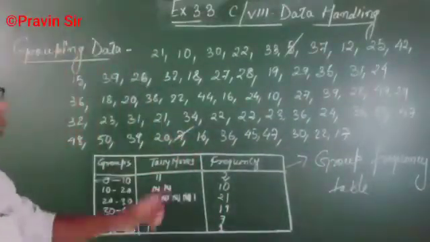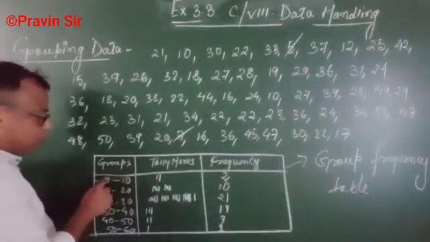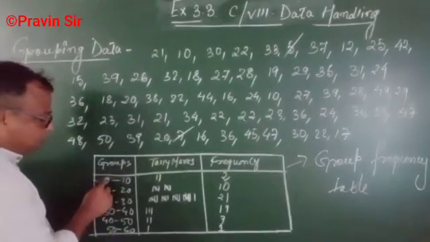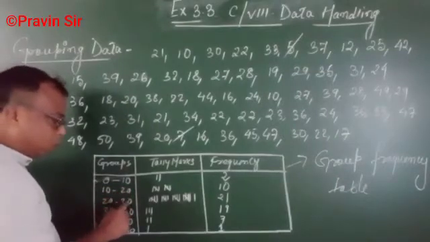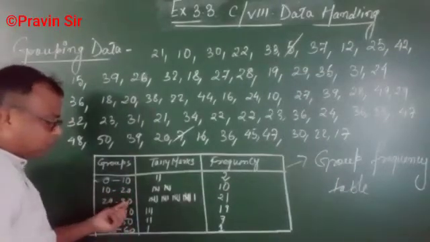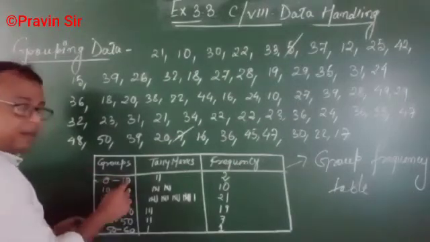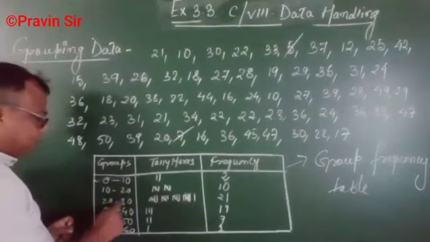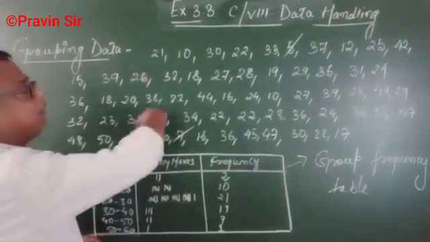So it is a continuous group frequency distribution table. Here you will see 0 to 9, then 10 to 19, then 20 to 29. Don't take this 10, just see 0 to 9. Then 10 to 19, 20 to 29, 30 to 39, 40 to 49, 50 to 59. You will get the data from here.